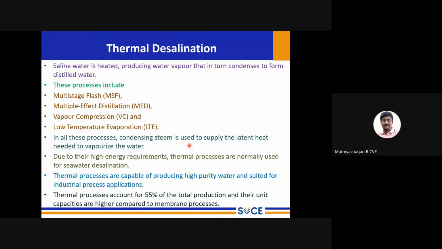In the thermal process, we are boiling the seawater, that is, we are converting the water into water vapors. Then we are condensing the water vapors after the demister. The condensed water is good quality distilled water.